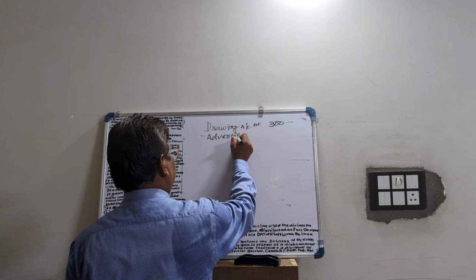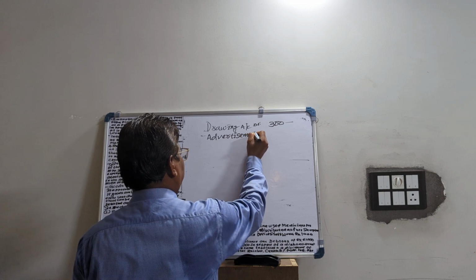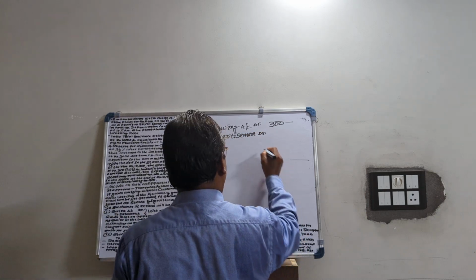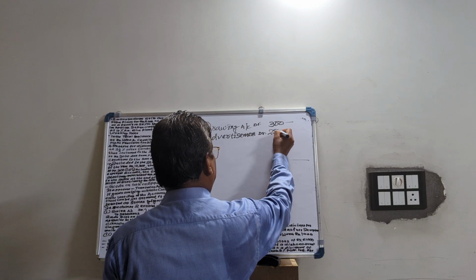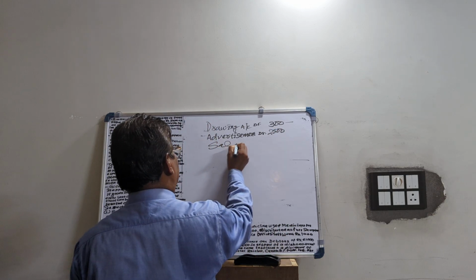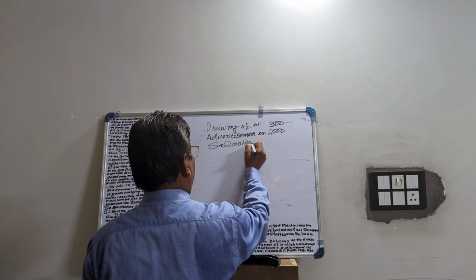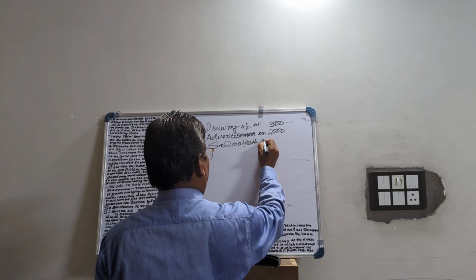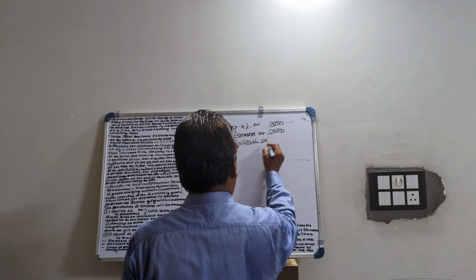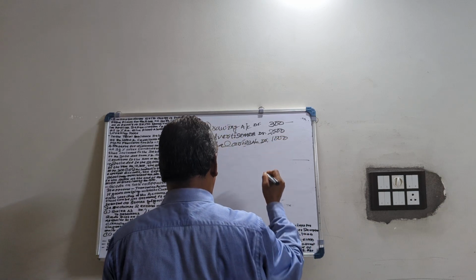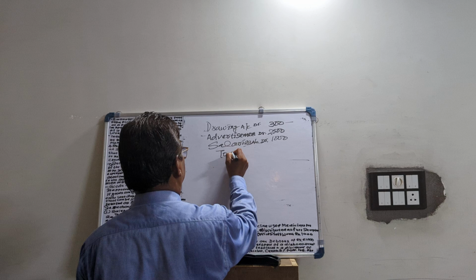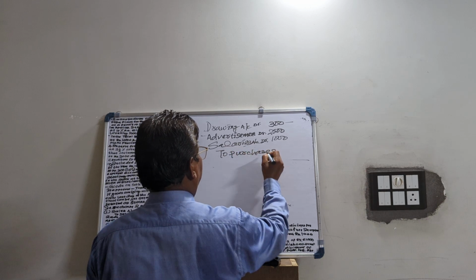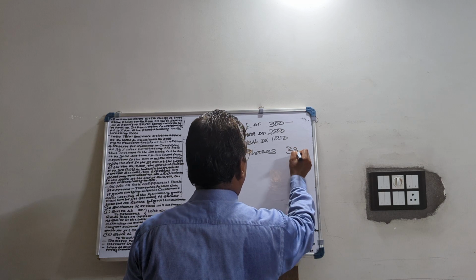Then distributed free samples means advertisement account debited, this is 2,500. And given to office staff, so salaries account debited, 1,000, to purchases. That is 3,800.